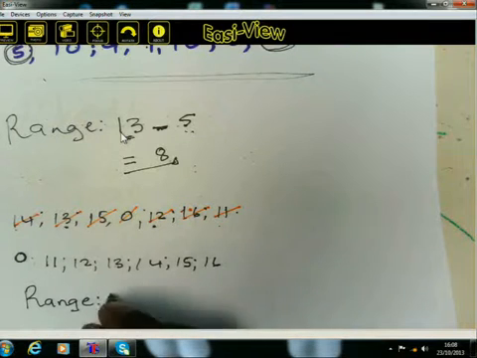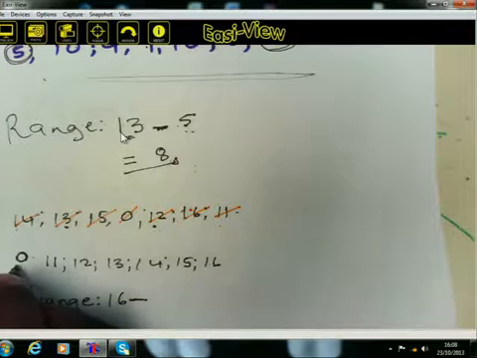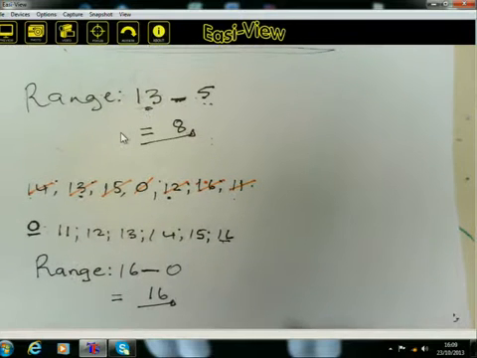The highest is 16, minus the lowest, which is 0. Now, it will be 16 minus 0. What is 16 minus 0? That's 16. Now, can you see that? Now we can do it.